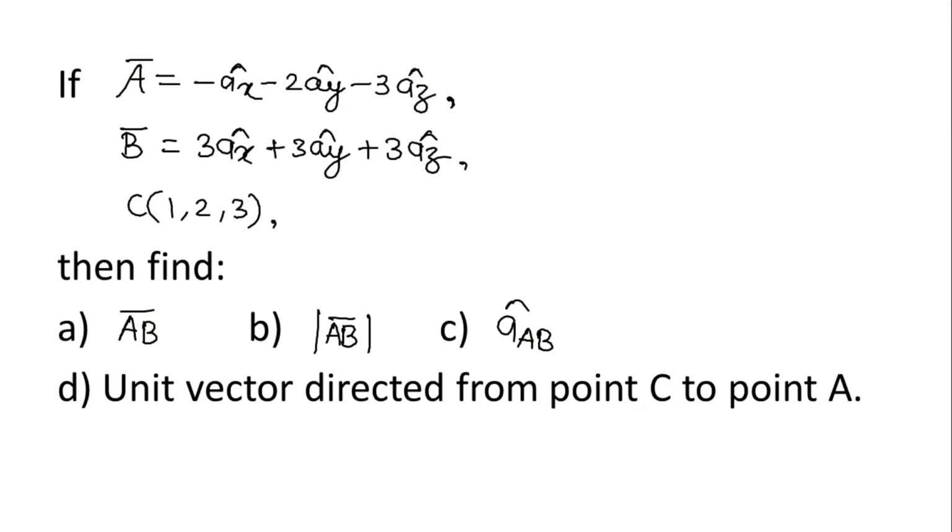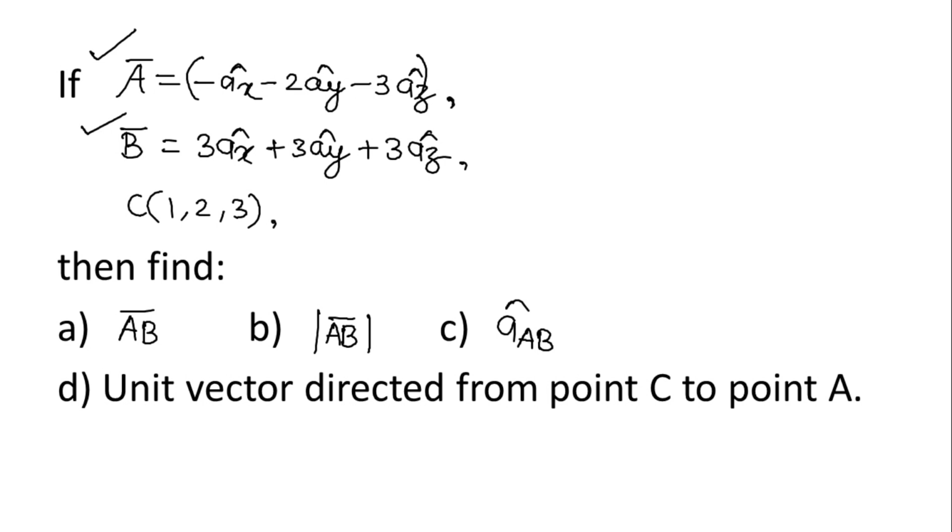This is the simplest problem statement, where we have the given data that I can show you. The given data is vector a bar. As you see, the vector a bar is expressed as minus ax cap minus twice ay cap minus 3 times az cap, whereas another vector is also provided to us, that is b bar.